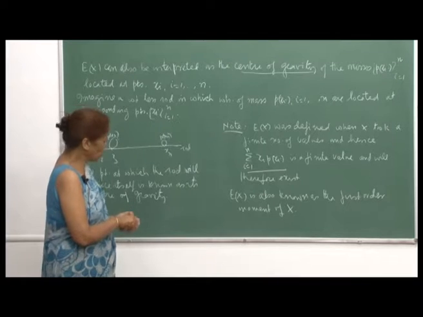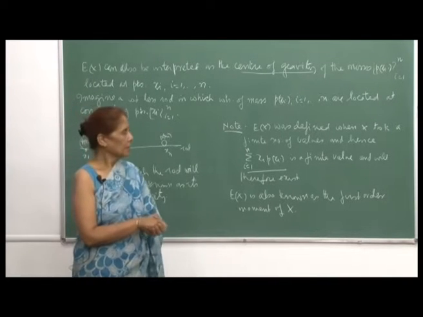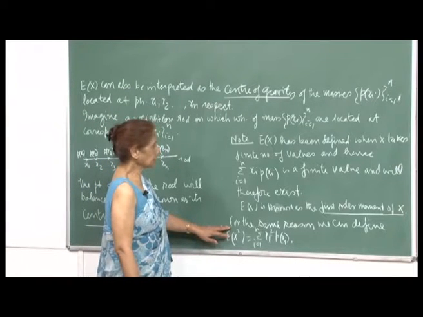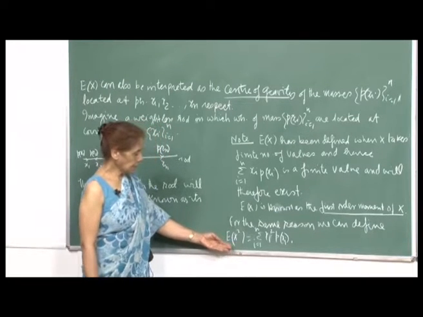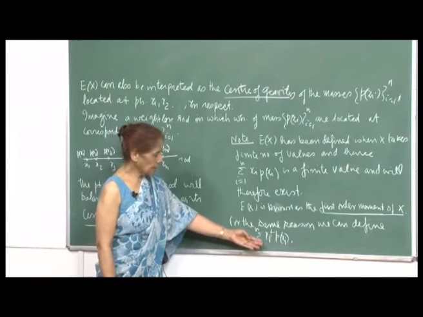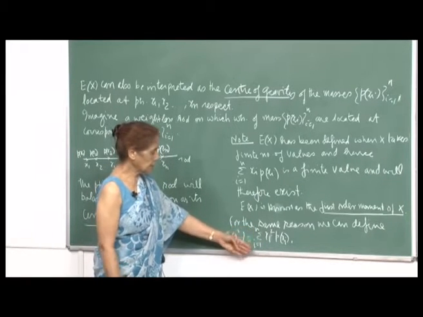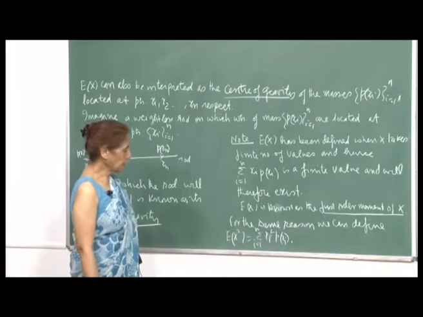Now, we also refer to E[X] as the first moment of X. So, when X is a discrete random variable taking a finite number of values, I can also define the expectation of X squared, which will be the sum of x_i squared p(x_i) for i varying from 1 to n. Obviously, the summation is over all those i's for which p(x_i) is positive.